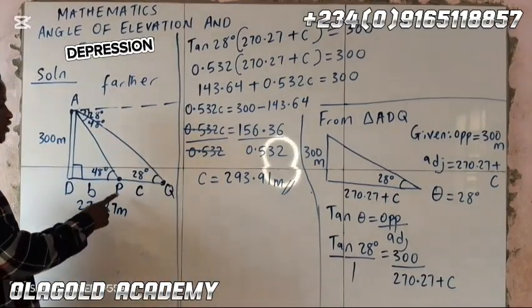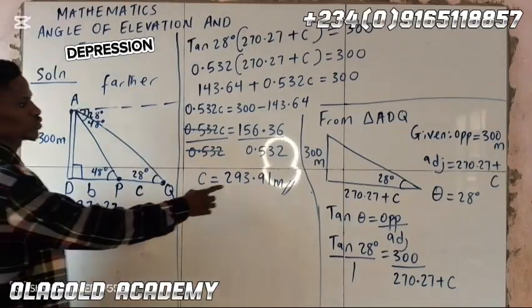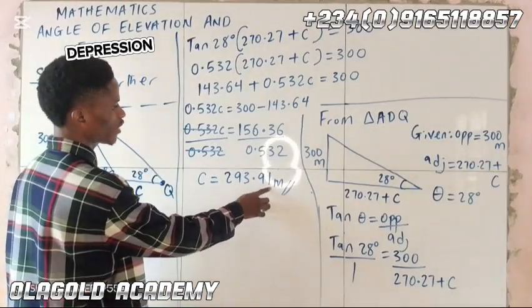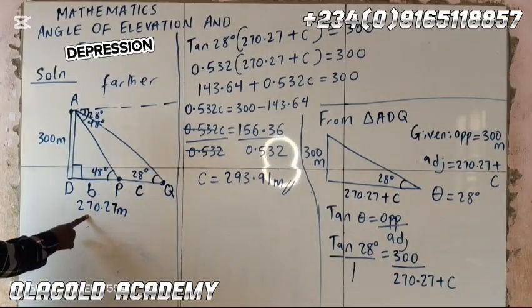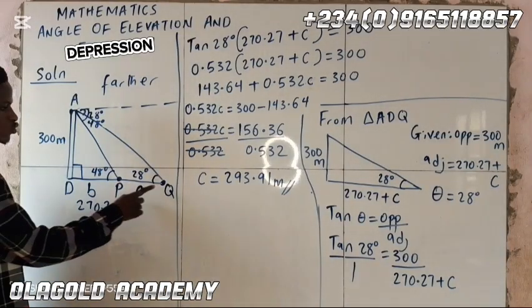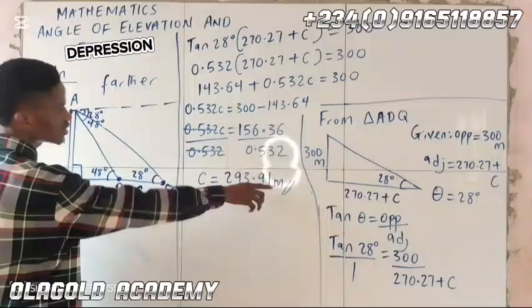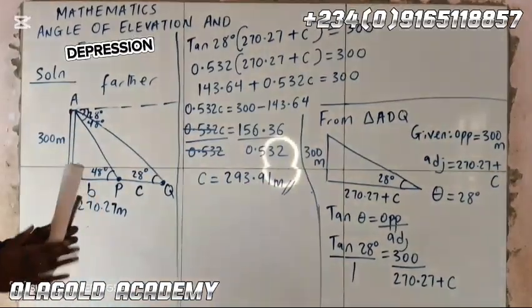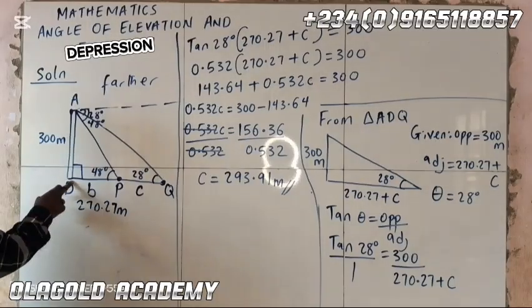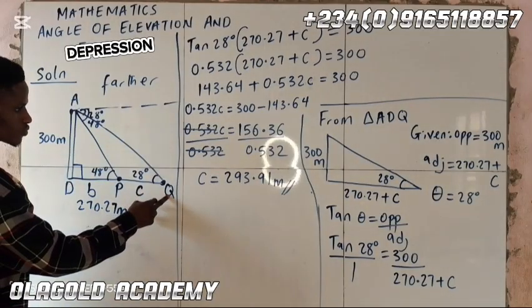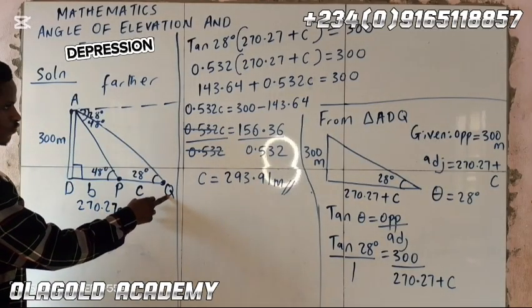So the distance from here to here is 293.91 meters, and from here to here is 270.27. If you are asked to find the distance from the tower to Q, they are asking you to find the total distance.